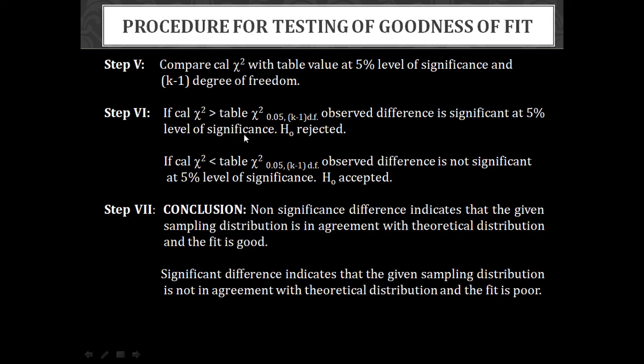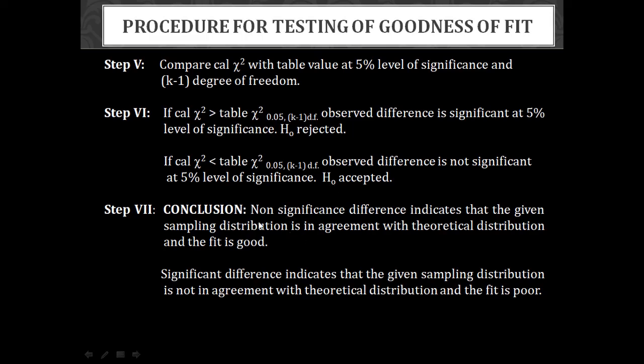And then just like t and Z, if the calculated chi-square is more than the table chi-square, we declare that the observed difference is significant at the 5% level of significance and the null hypothesis is rejected. In the alternative case, if the observed difference is non-significant, we accept the hypothesis.